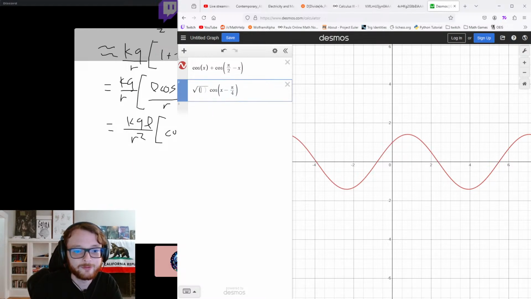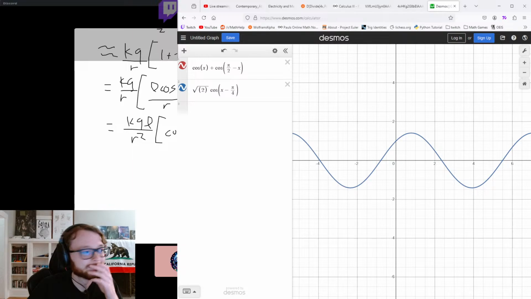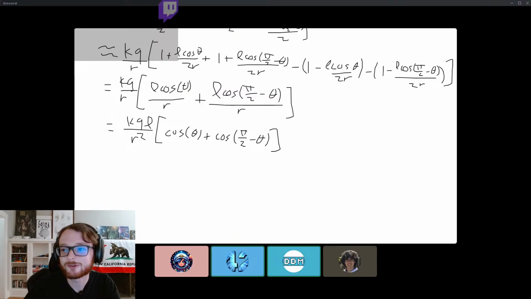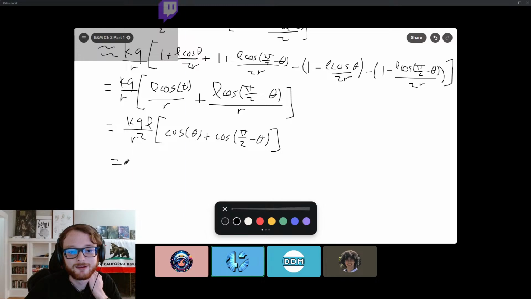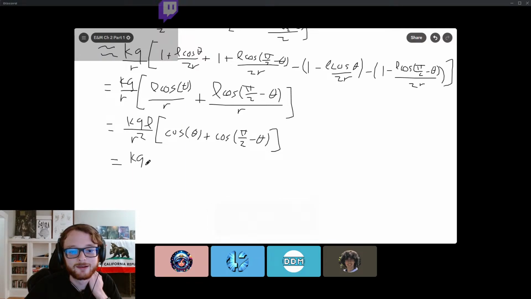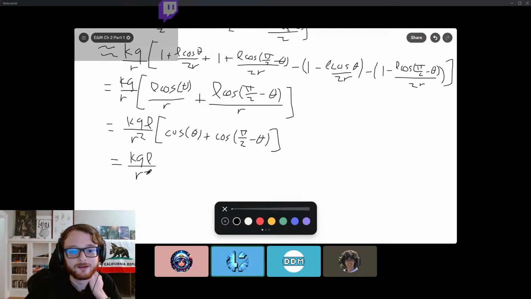So this is probably the worst way to numerically approximate something, but okay, yeah, root 2 cosine of x minus pi over 4. Yeah, so there are identities for coming up with that. Interesting. I remember learning them in differential equations, I think.